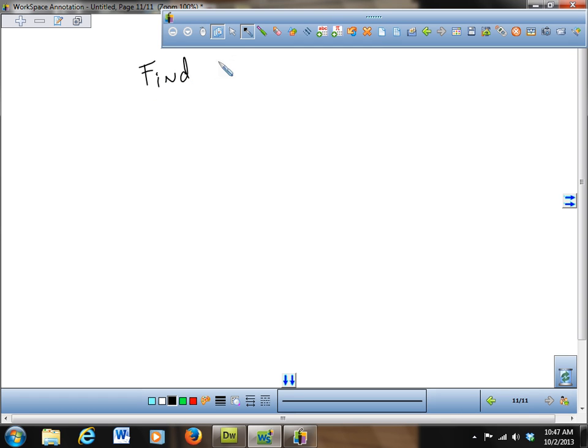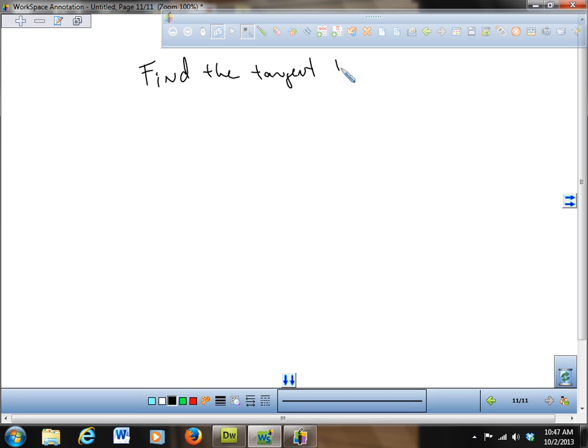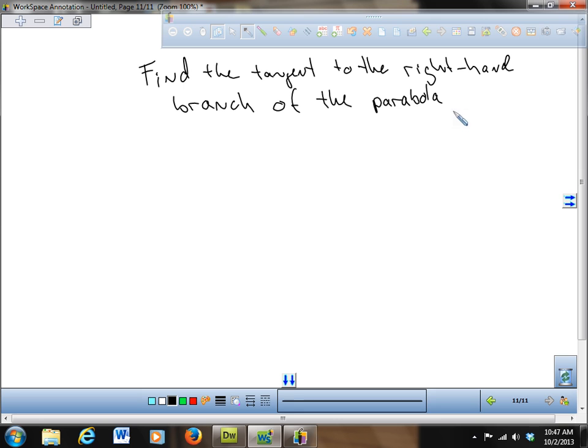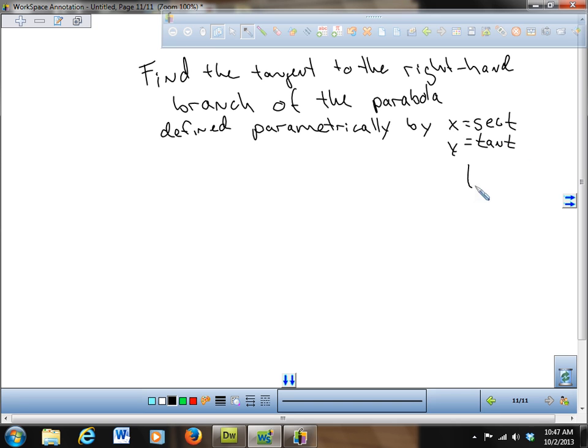Find the tangent, and in the book they have tangent to the right hand branch of the parabola defined parametrically by x equals secant t and y equals tangent t, and so you have to have a parameter too.